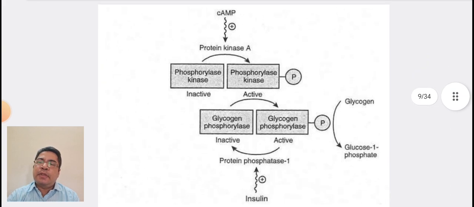Here we can see cyclic AMP activates protein kinase A, which converts phosphorylase kinase inactive to phosphorylase kinase active. This converts glycogen phosphorylase inactive to glycogen phosphorylase active. On the other hand, insulin activates protein phosphatase 1, which converts active glycogen phosphorylase to inactive glycogen phosphorylase.